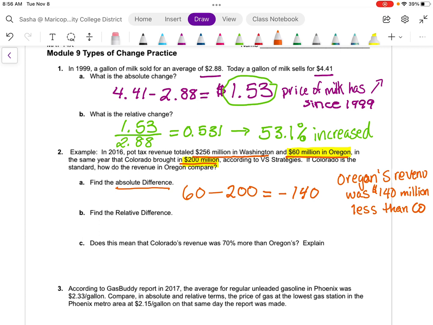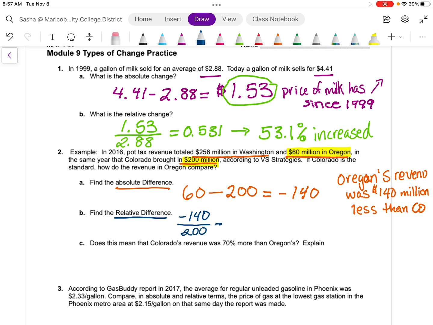Similarly, with a relative change versus a relative difference, again, we're looking for a percent change. The formula is pretty much the same, but we're comparing two separate entities again. So to do my relative difference, I'm going to take that absolute difference, that negative 140, and divide by the standard I'm comparing it to, that 200.